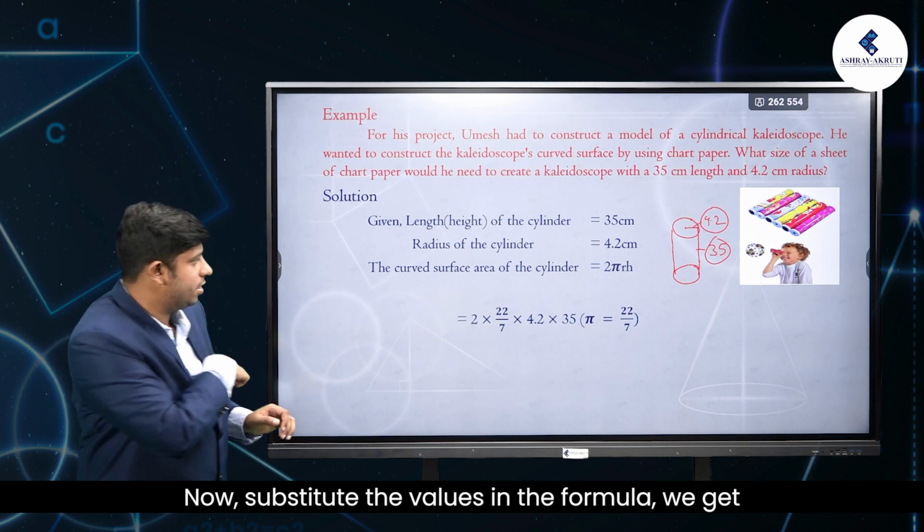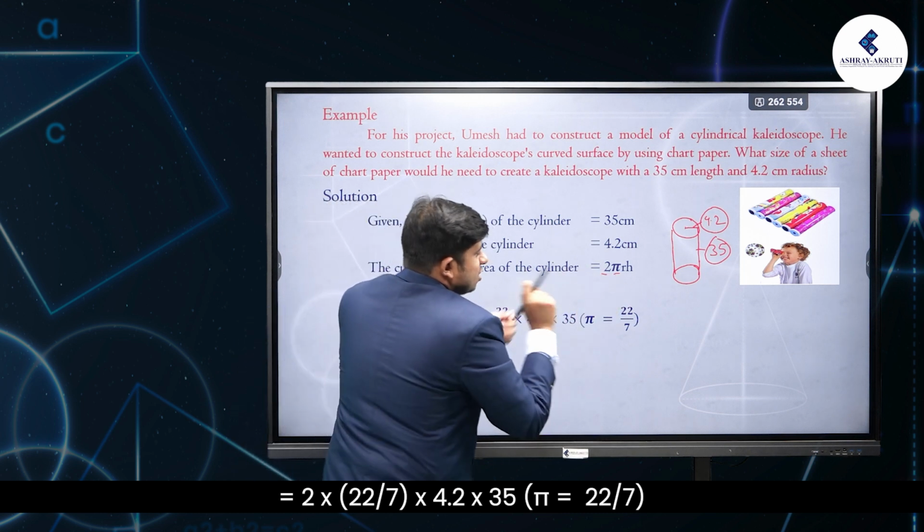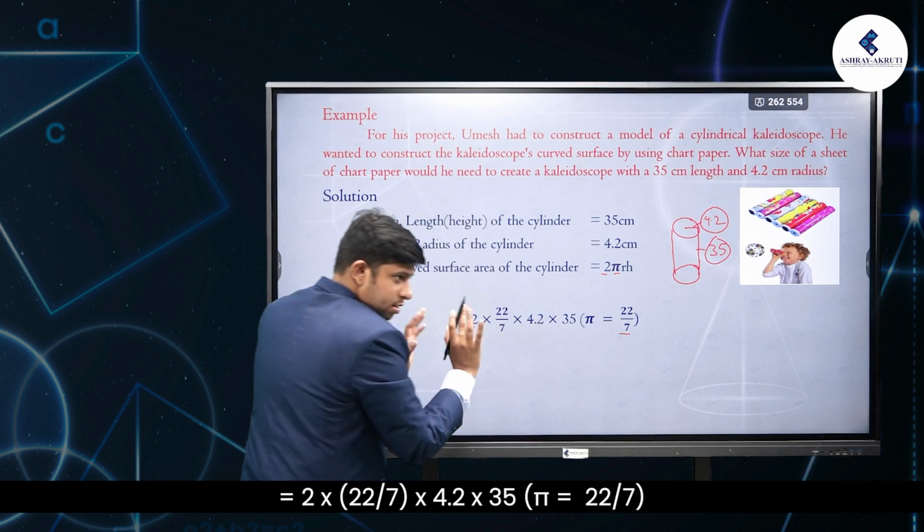We get 2 into 22 by 7 into 4.2 into 35, where pi is equal to 22 by 7.